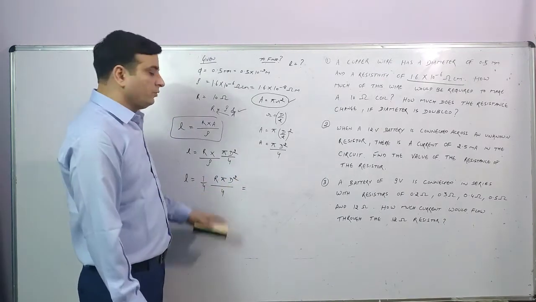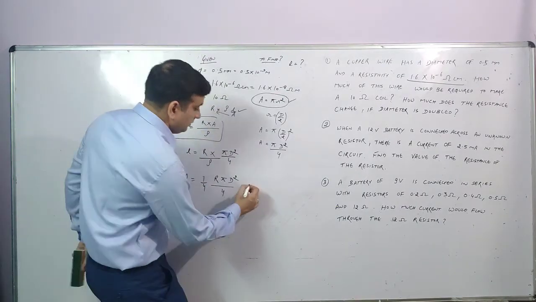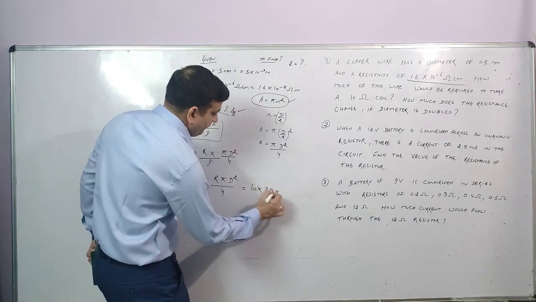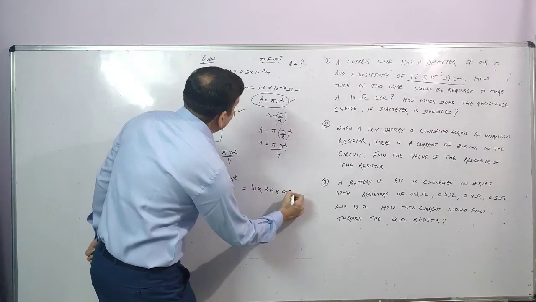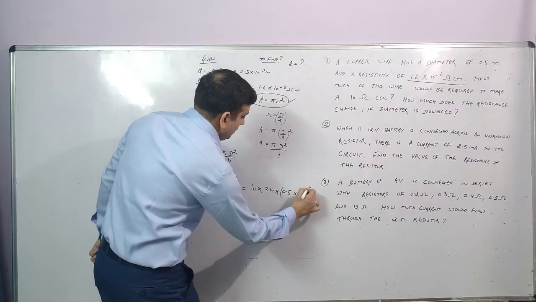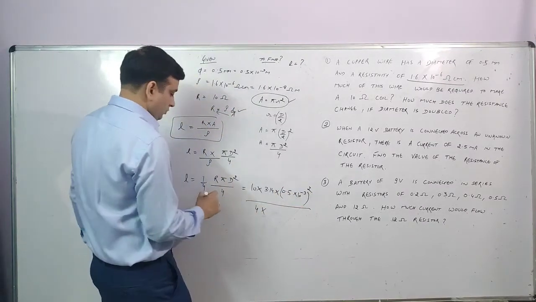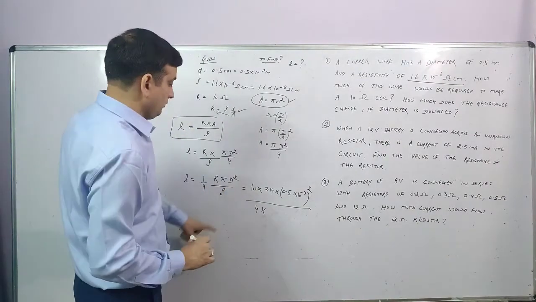Now put the value of each and every parameter. What is the value of R? 10. What is the value of pi? 3.14. What is the value of d? 0.5 into 10 raised to power minus 3 whole square, divided by 4 into, this is not the 4, this is the rho, sorry for that.